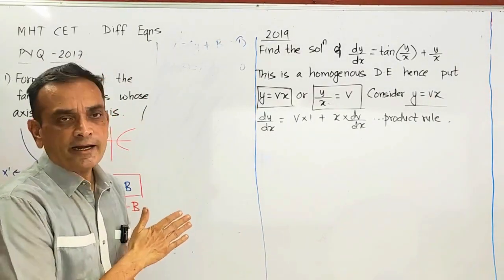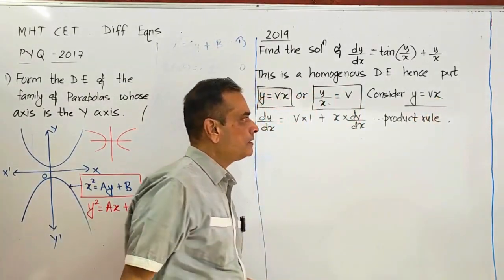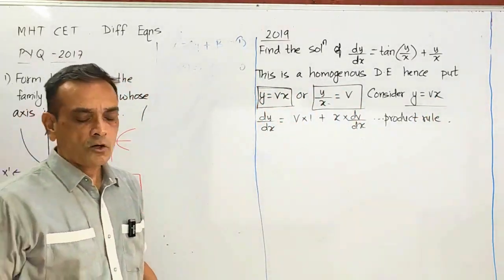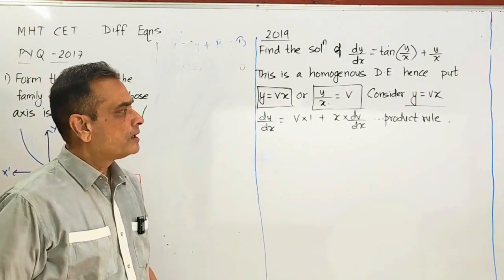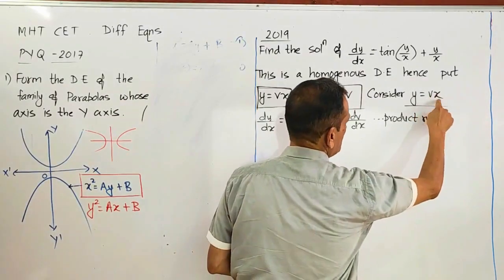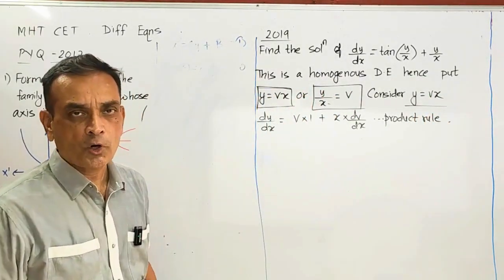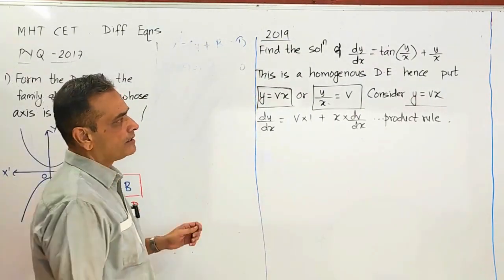So you can't take it aside. This is a variable, this is a variable. Okay? Constants are like a, b, c, m, k. So product of two variables means product rule. How many times have we seen the product rule of derivatives, we will see it again.